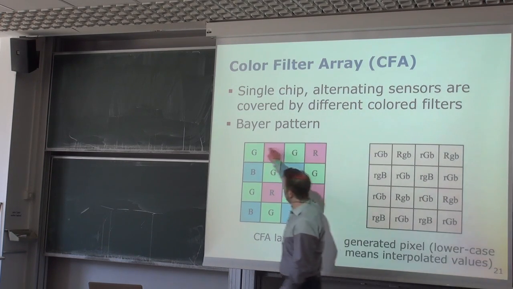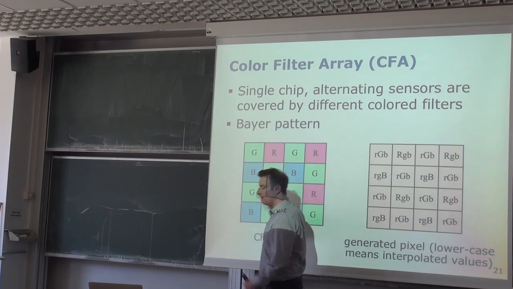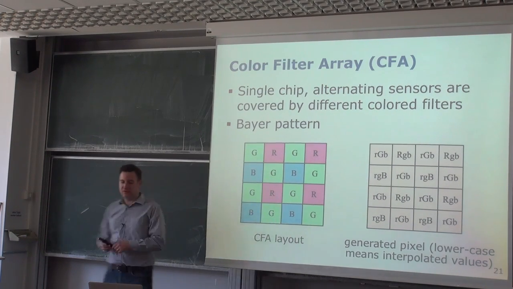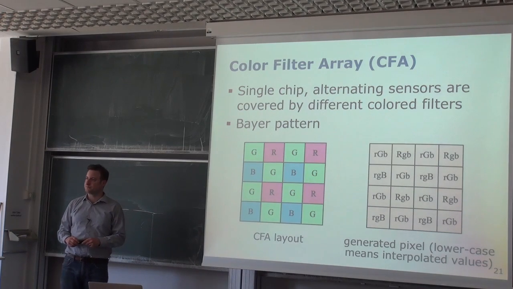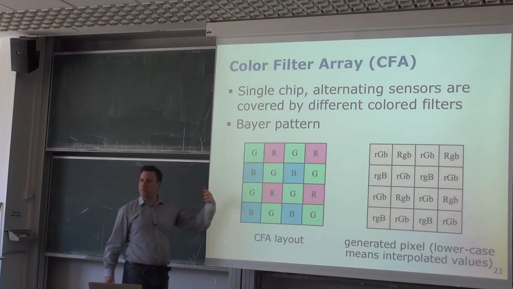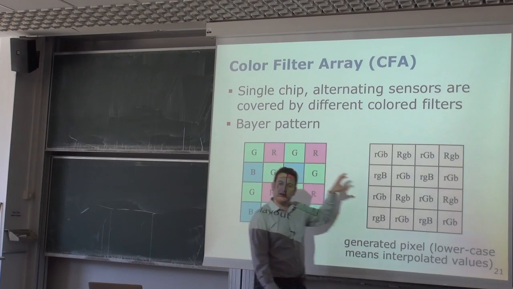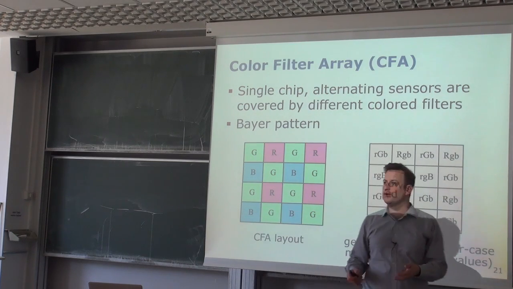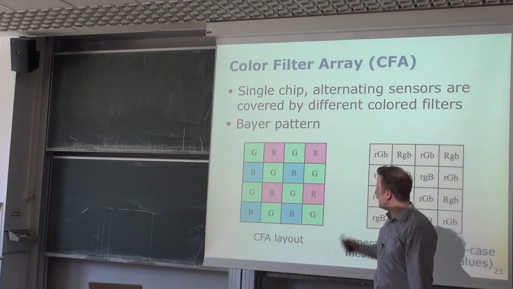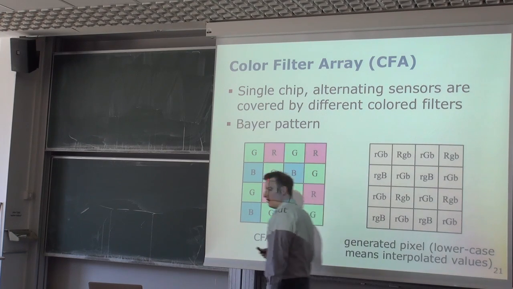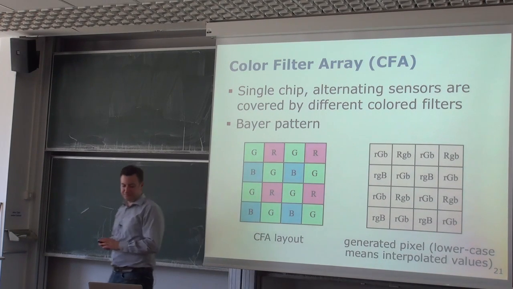Or I may take those 3 into account for generating this one. So there are different interpolation techniques that we can do. And this is one of the post-processing steps that I illustrated in the beginning to generate color images and have an RGB value for every individual pixel.